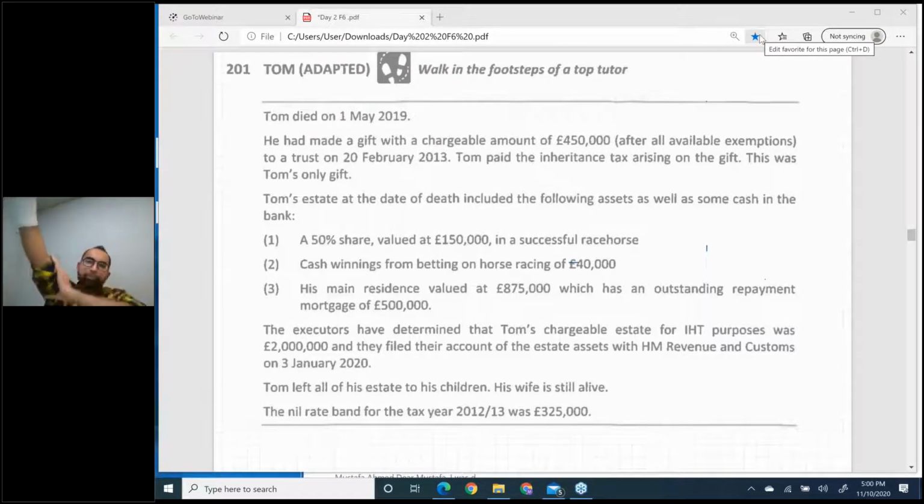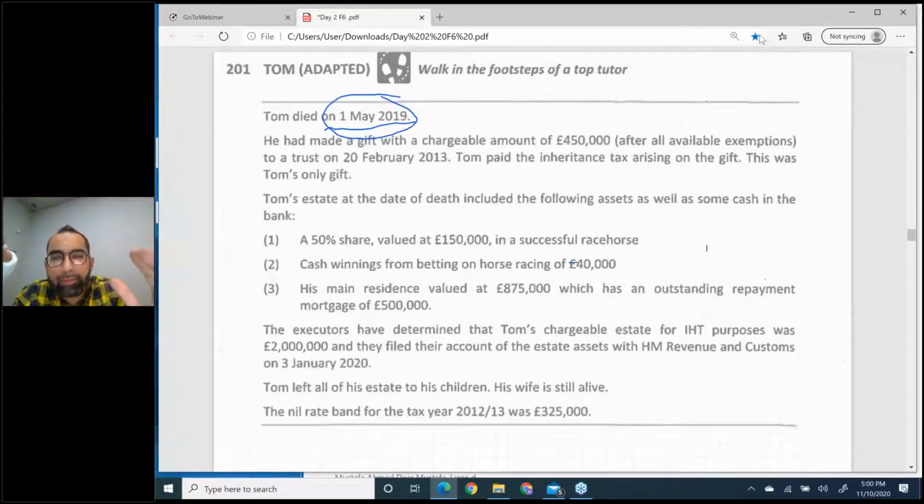Let's start. Tom died. Very important date: 1st May 2019. Don't forget this date. This is the date of death. Now they are telling you the history. He had made a gift with a chargeable amount of 450,000 after all available exemptions. Thank God, that means annual exemption has already been deducted.